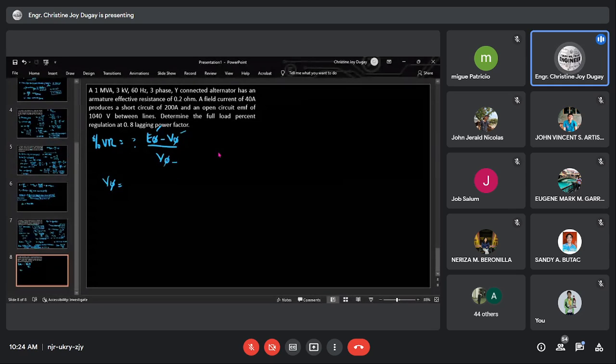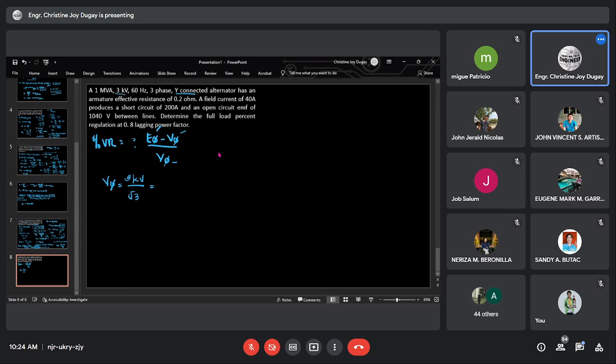Saan natin ulit makukuha si V-phase po natin? V-phase came from the given voltage which is 3 kV. Ayan, 3 kV. Since naka-Y connected siya, you're just going to divide it by square root of 3. No? So that is equal to 3 over square root of 3 kilovolt.